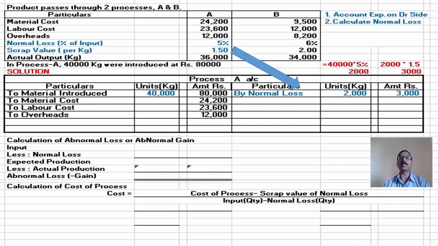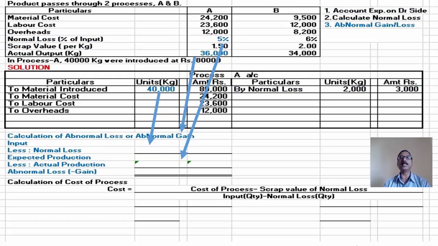By normal loss 2000, this is calculated as 40,000 input multiplied by 5% normal loss, that works out to 2000. Now normal loss is valued at scrap value, so this quantity of 2000 kilogram is multiplied by 1.5, so ultimate result is 3000 as the amount of normal loss.